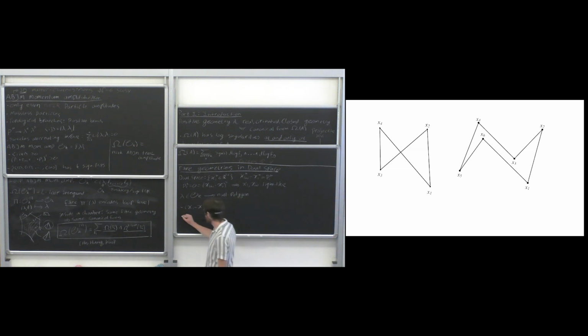And secondly, something that you can already see in the pictures is that, for example, x4, time flows up in these pictures, is to the future of both x1 and x3, and so is x2. And in general, the even indexed x's are in the future of the odd indexed neighbors.